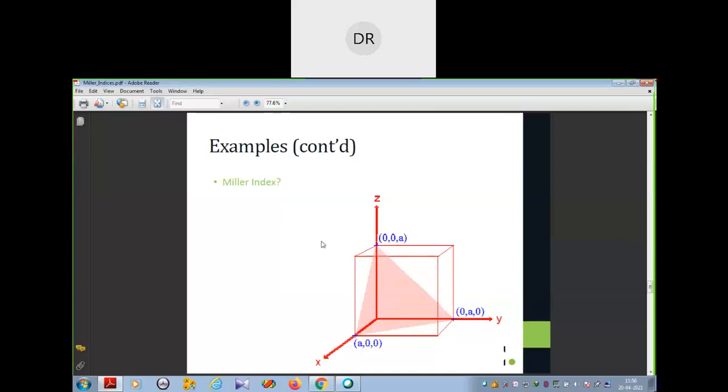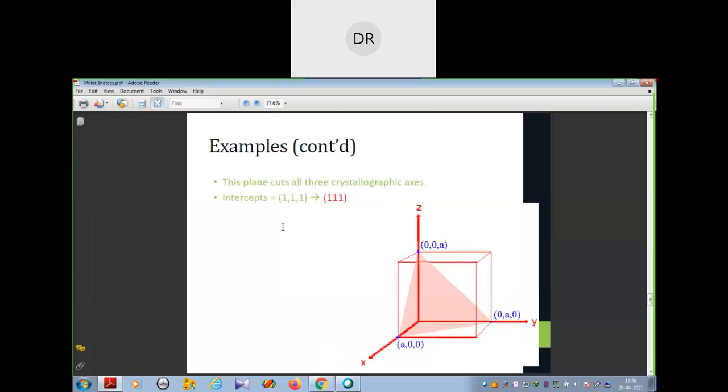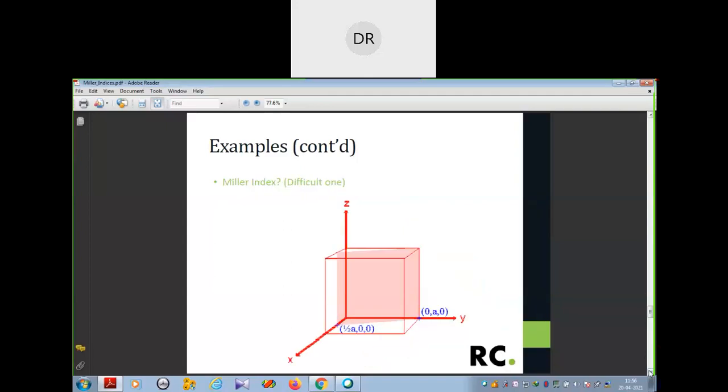That means we got the intercept as 1 1 1. Now the next procedure: we have to take the reciprocal of the intercepts, 1 by 1, 1 by 1, 1 by 1. That reciprocal itself gives you the Miller indices. That means this 1 1 1 will be your Miller indices. Okay, now you understood?